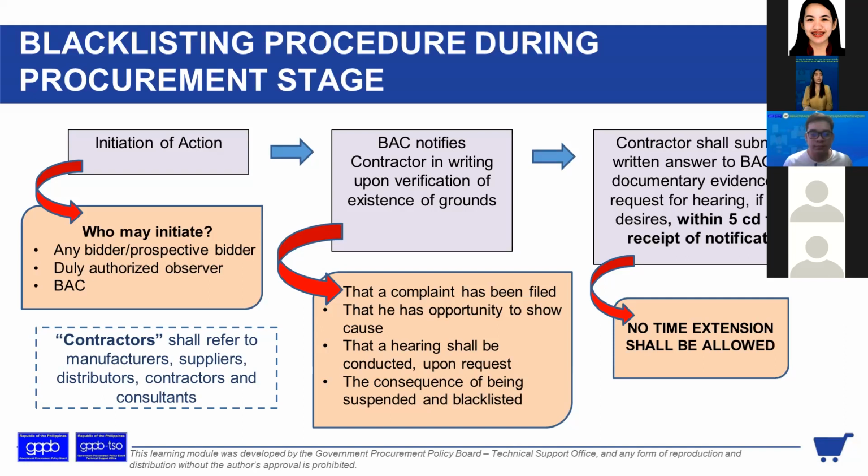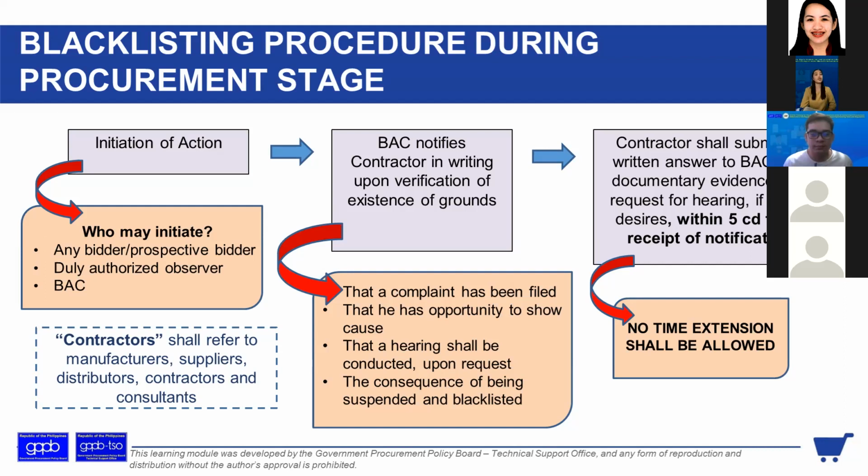So, what will happen after the initiation of action? May complaint na action for blacklisting. So, the BAC shall notify the contractor, yung inireklamo, in writing upon verification of existence of ground. First, that the complaint has been filed. May reklamo po sa inyo.